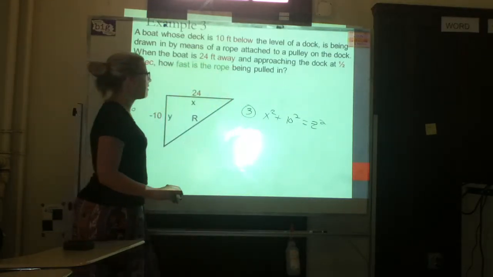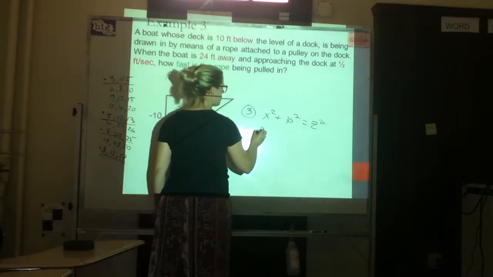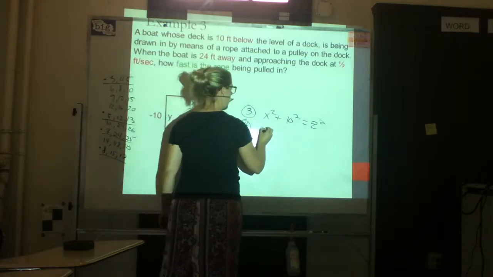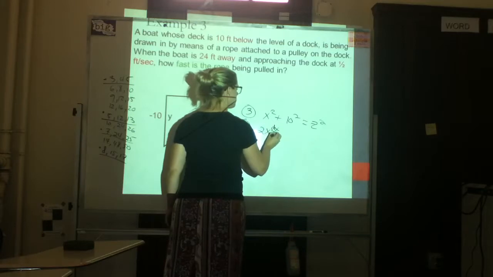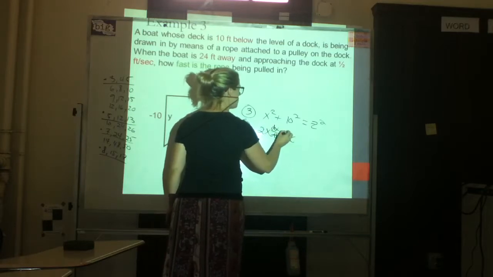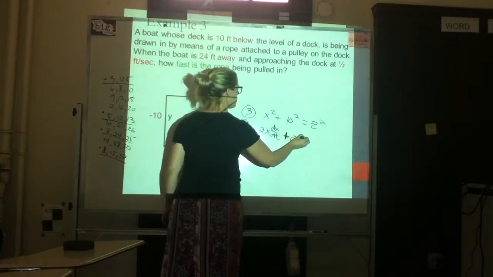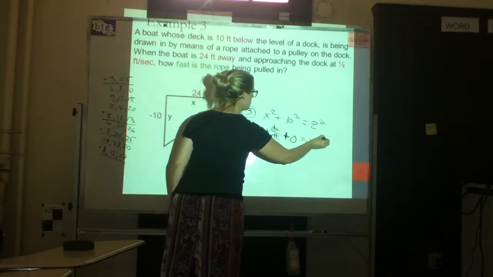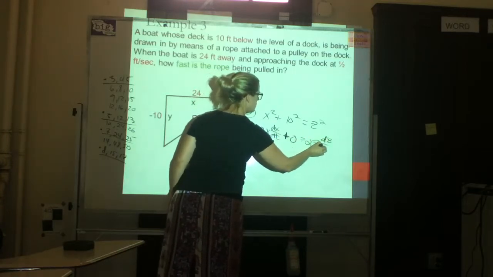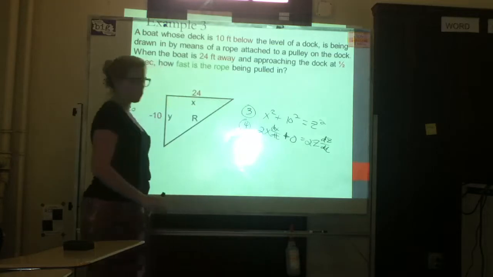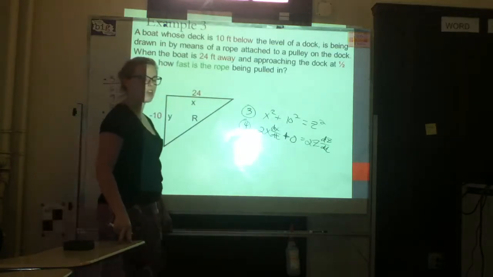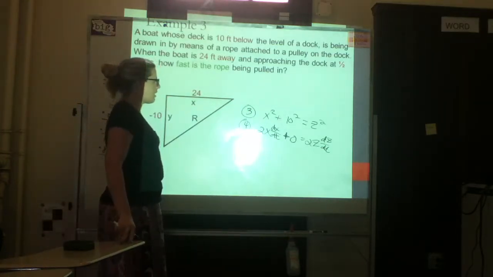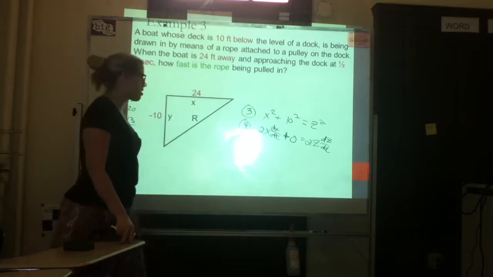When I take the derivative, I get 2x dx/dt plus 0 equals 2z dz/dt. So my relating equation has that 10 in it.